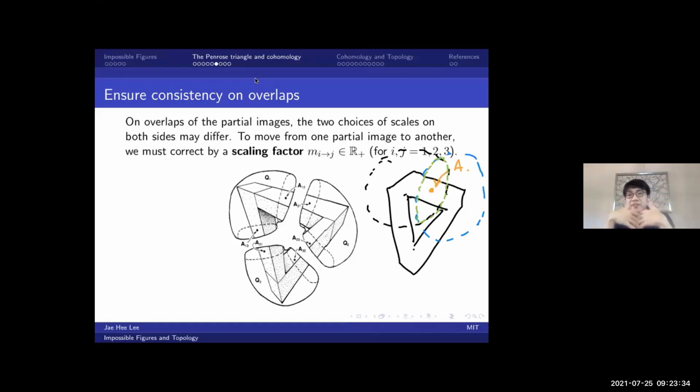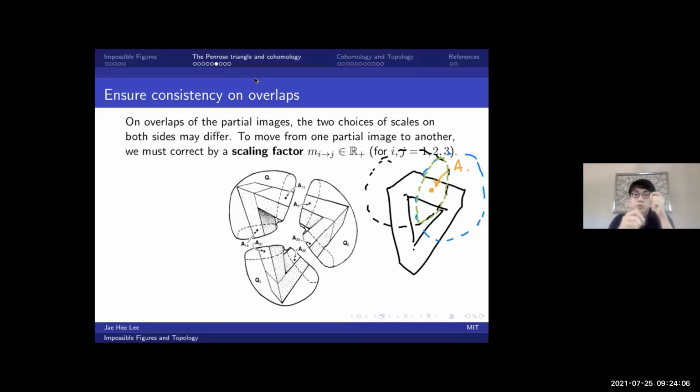So if you have these overlaps and you want to make sense of consistency, then as you move from the first partial image to the second partial image, you need to correct by multiplying by a certain scaling factor. What I mean is that the distance of this same point in the first chart is some distance, and in the second partial chart it's going to be another distance.